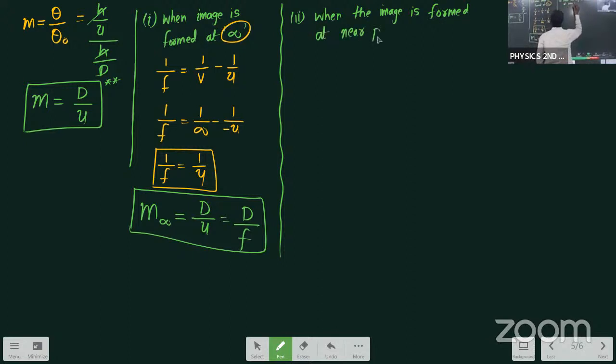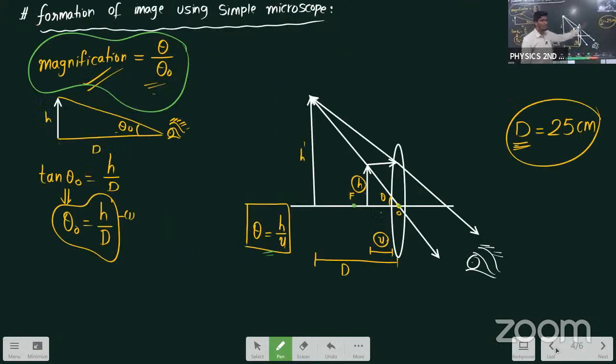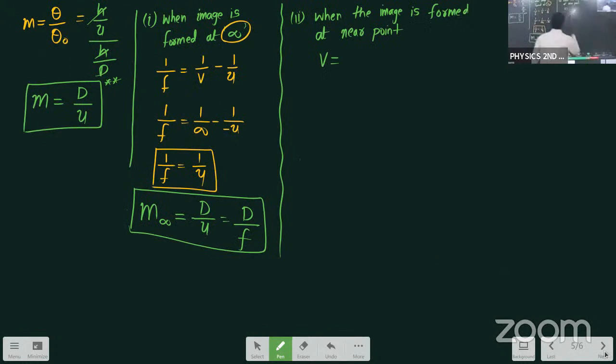What does it mean? It means v is equals to... Where is that image forming? Towards the left side of the optical center or towards the right side? Again, the image is forming towards the left side. So whatever value of v we take, that will be negative. So I can write v is equals to minus d.